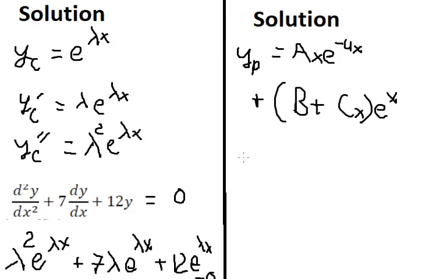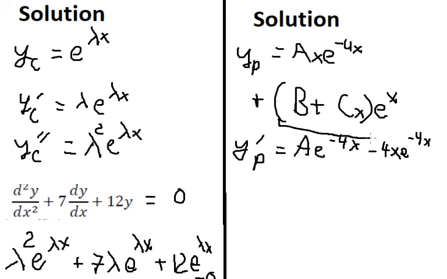Now we go to do the first derivative. So we do the first derivative of s in here, so we have a e to the power of negative 4s. Later we do the first derivative of this one, so we have negative 4 a s e to the power of negative 4s.